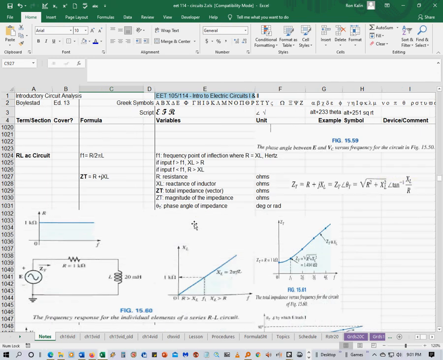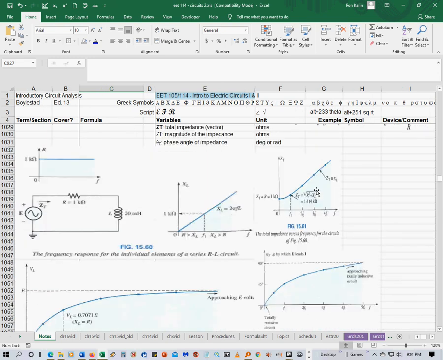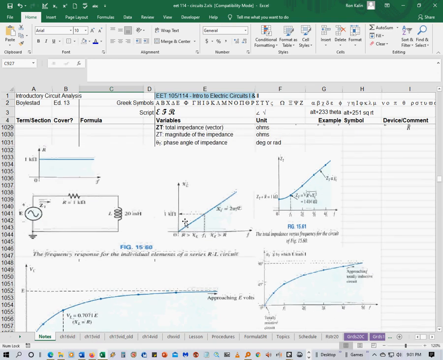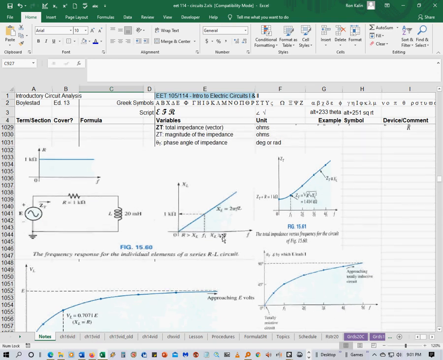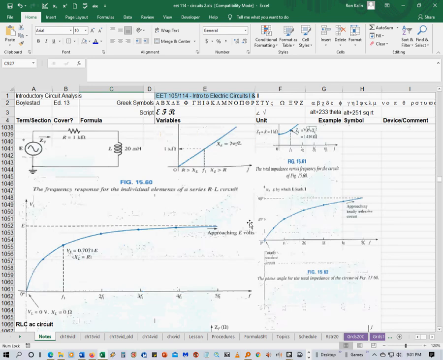So likewise for an RL circuit, you have the total impedance calculated here, and then you have the impedance diagram, and then the impedance of the entire circuit. It starts off at a value R and it goes up basically in a straight line from there.